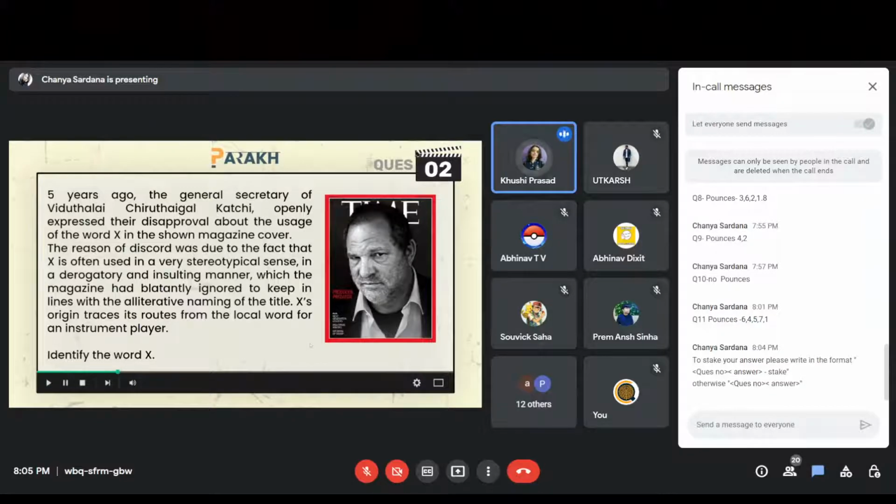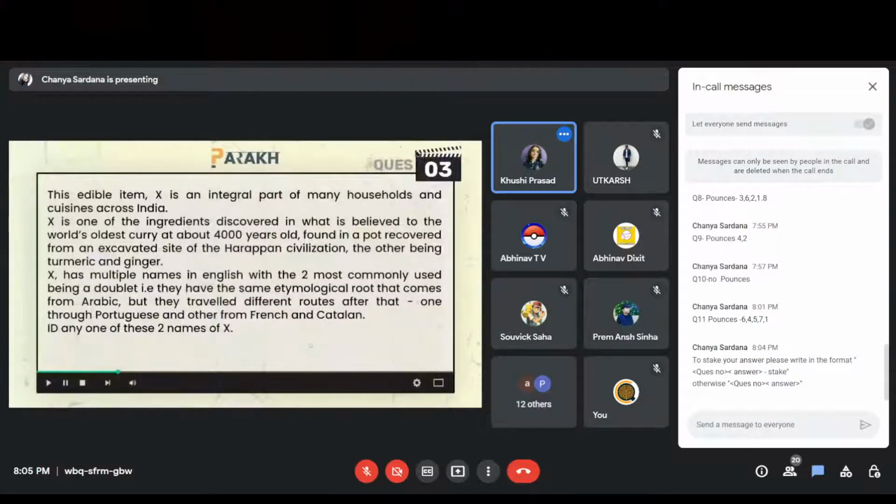Okay, on to the next question. This edible item X is an integral part of many households and cuisines across India. X is one of the ingredients discovered in what is believed to be the world's oldest curry at about 4,000 years old, found in a pot recovered from an excavated site of the Harappan civilization, the other being turmeric and ginger.